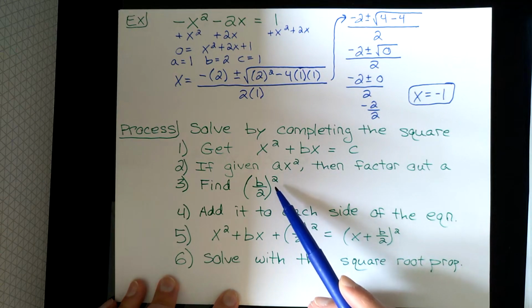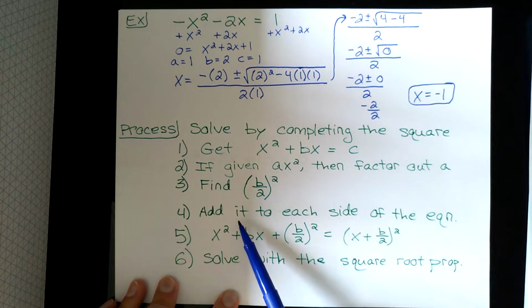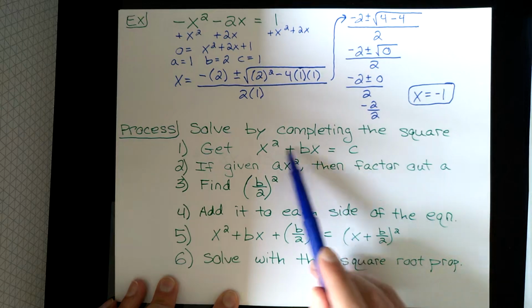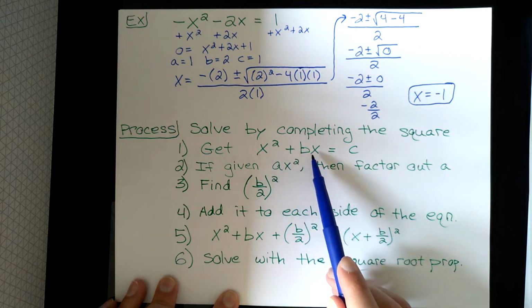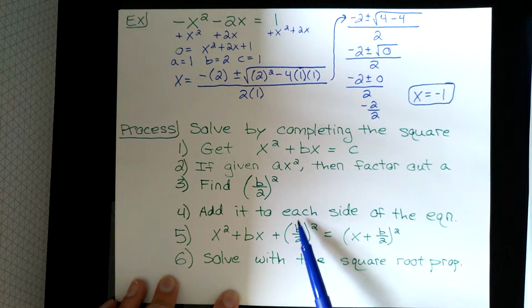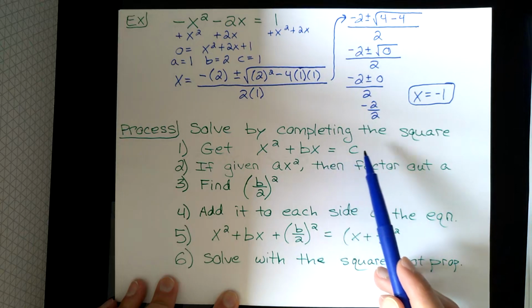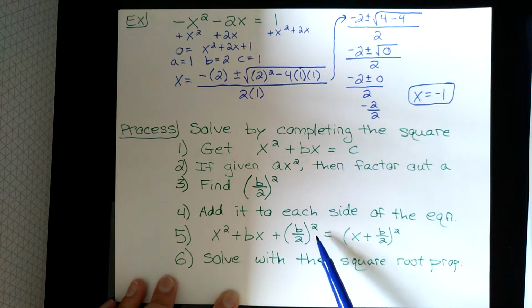When we do this, we will take that value that we find and add it to each side of the equation. So we'll end up having x squared plus bx plus (b over 2) squared equals c plus (b over 2) squared.